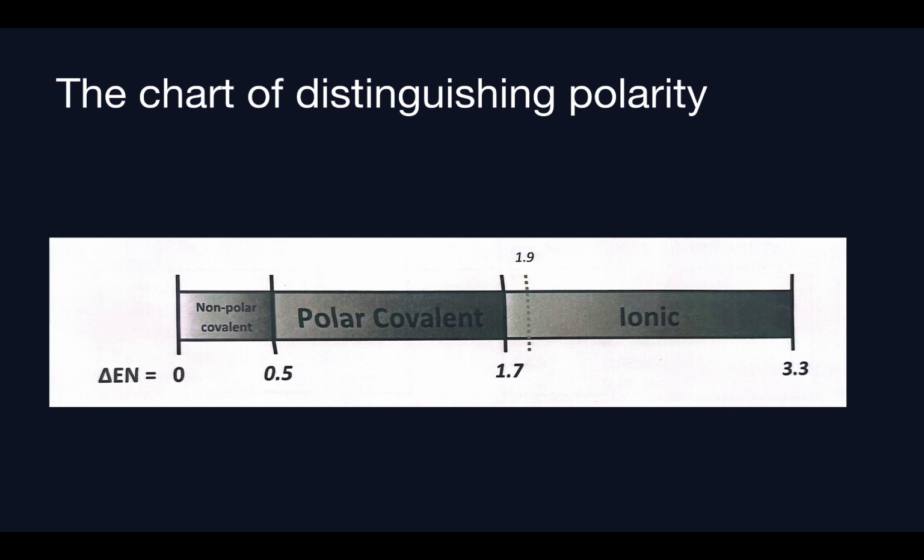And one thing to notice is that if the difference is too big, for example higher than 1.8, maybe there are some exceptions. There are also some polar covalent compounds where the difference is above 1.8, but commonly, for a compound whose electronegativity difference is above 1.8, we can treat it as an ionic compound because it's extra polar.